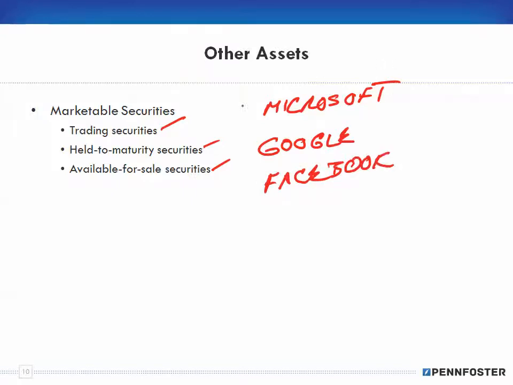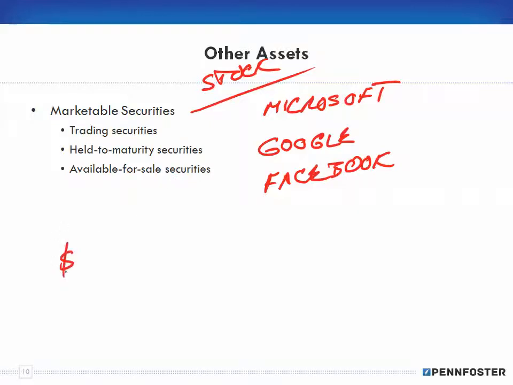Realize that all of these companies have stock. In order to get capital, they sell the stock to raise capital for whatever it is that they want to do. And of course, that stock then is traded on the secondary market between individuals.